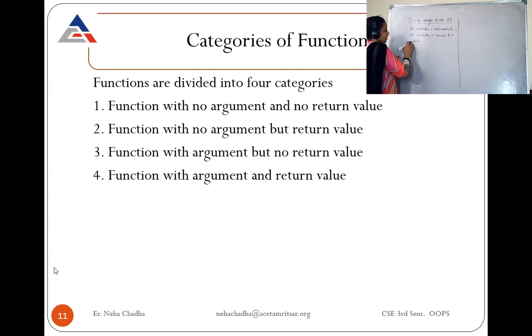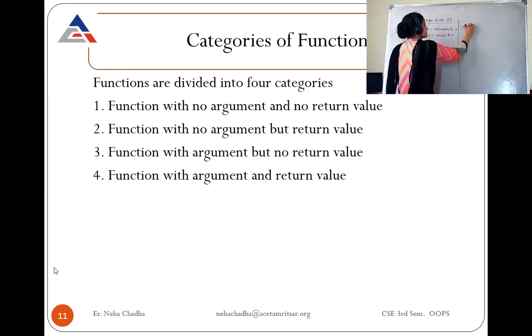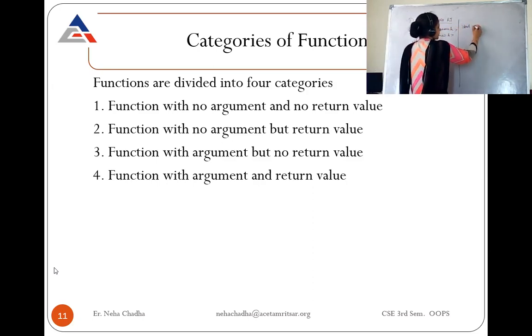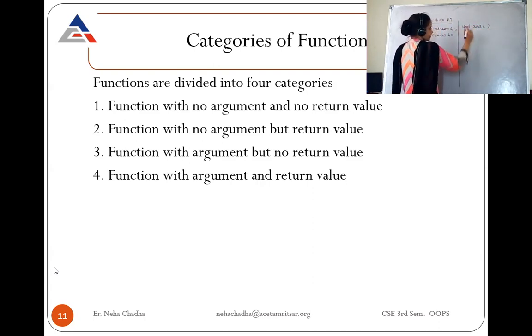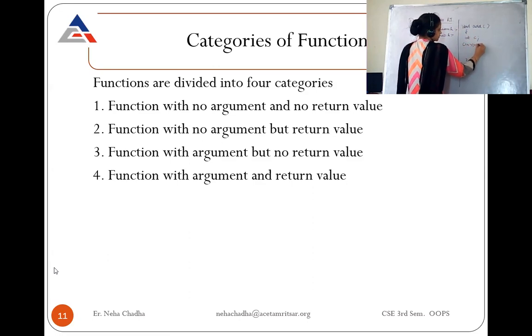But as I am clear that no arguments and no return type is required, firstly I will write the definition. Void add. This will be the same program that I have written previously. Void add, then int c. Now I will label it, c equal to a plus b, cout c.